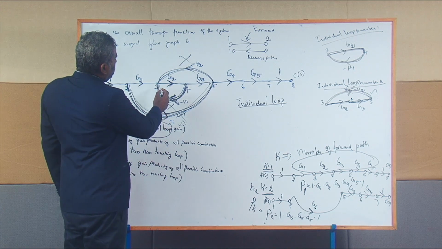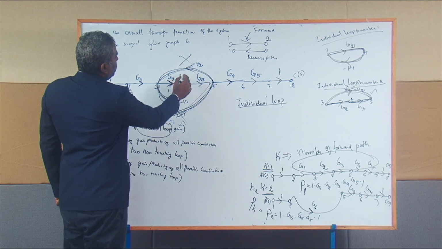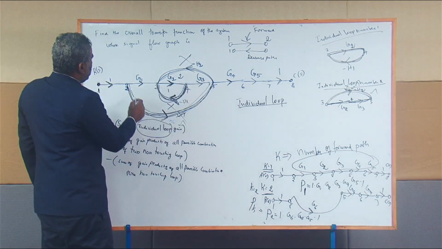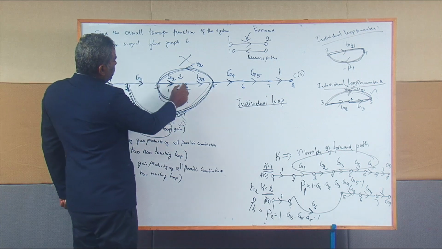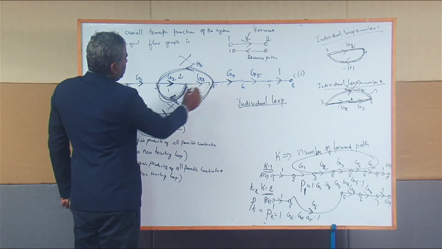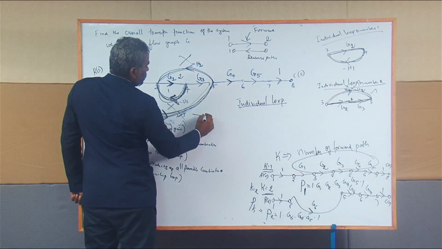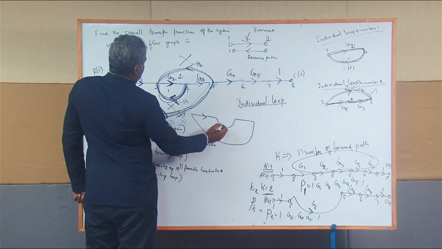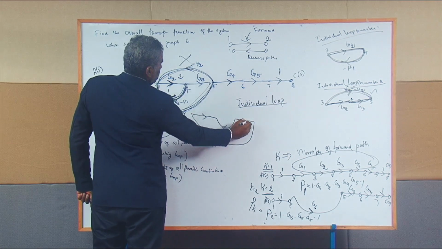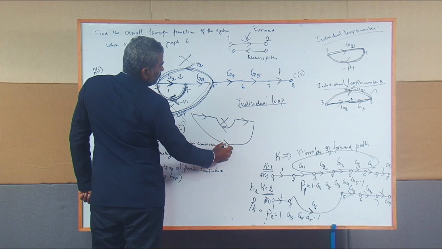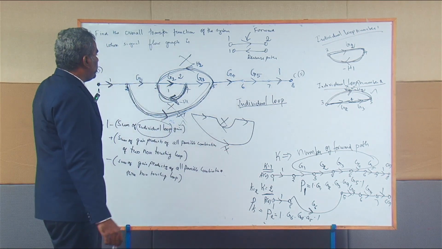Loop number 1, loop number 2, this combination will never come, and this combination you may also check. Here it reverses, here it is forward, and here it reverses, so it won't come, since the two arrow marks are in opposite directions.